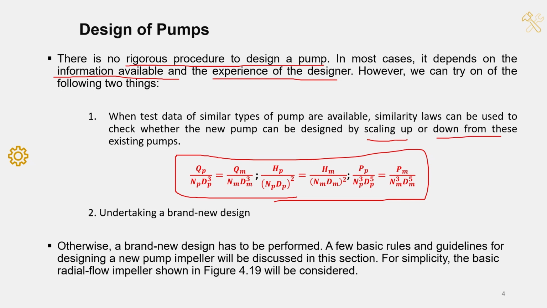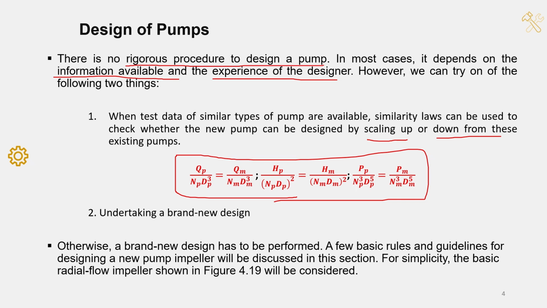Based on the required flow rate, you can determine whether you want to design a bigger or smaller pump. This is an approach where you have information of one certain pump, and then you want to design a new pump. But how do you know if you want a bigger or smaller pump?